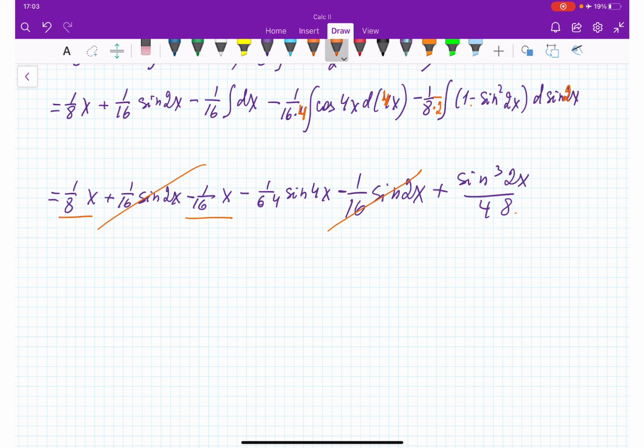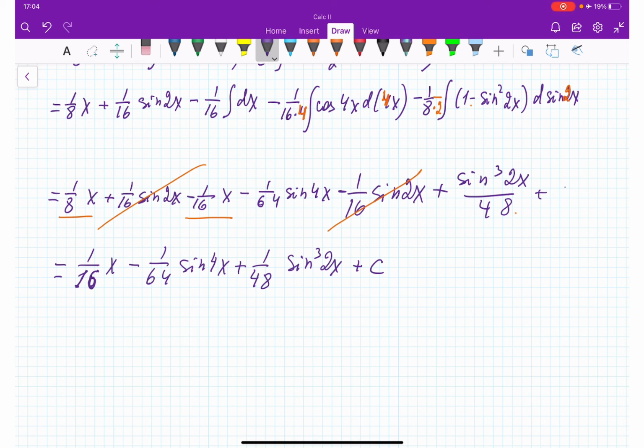So if we combine, we will get the final answer 1 over 16x, because 1 over 8 minus 1 over 16 is going to be 1 over 16. 1 over 8 is twice as much as 1 over 16, right? And minus 1 over 64 sine 4x and plus 1 over 48 sine cubed 2x plus c. Let me here also put plus c.